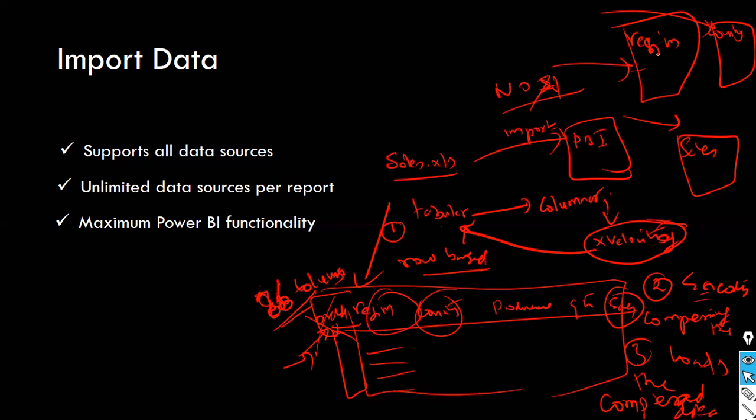If I ask your father's contact number, you will tell immediately because it's all in memory. If I ask your neighbor's brother's contact number, what will you say? No, wait, I will go and check it in my mobile phone. In that case, you go and check it and then you tell.